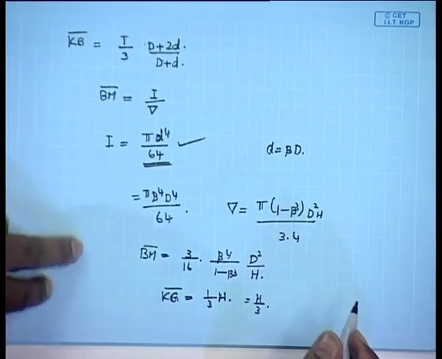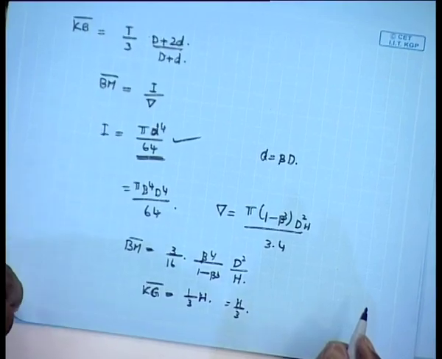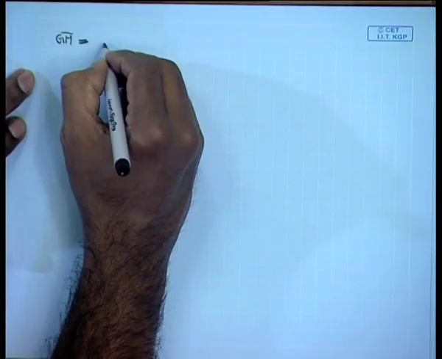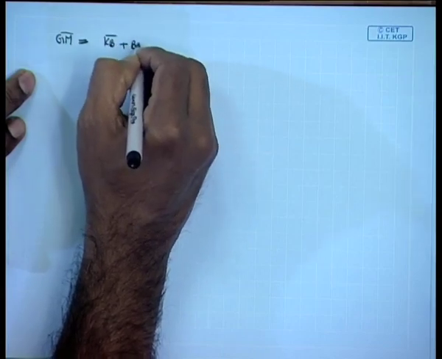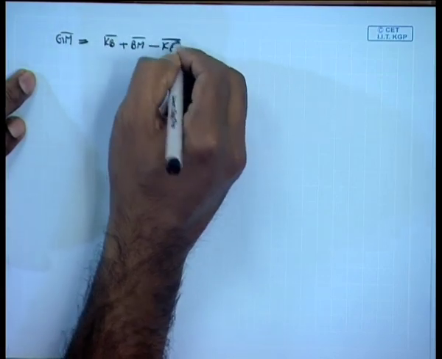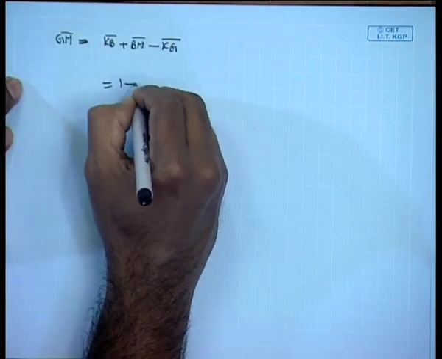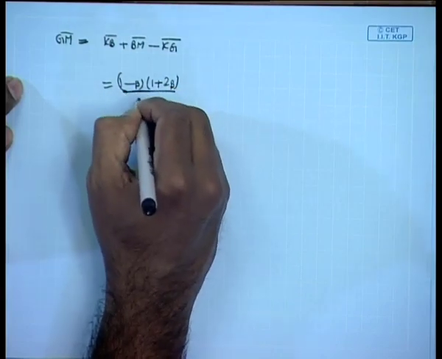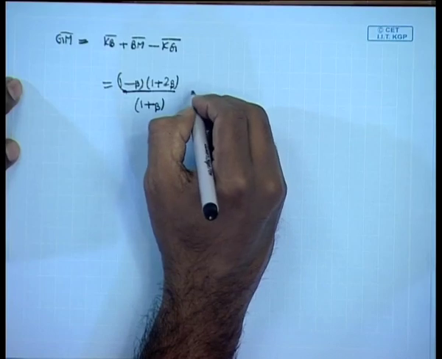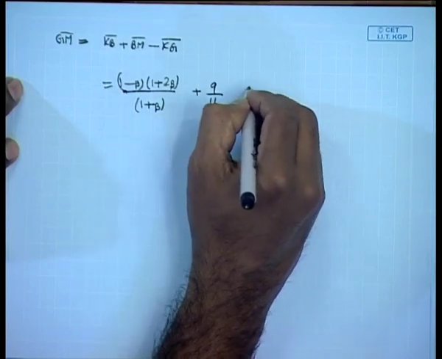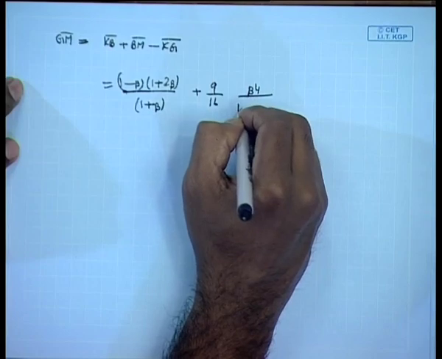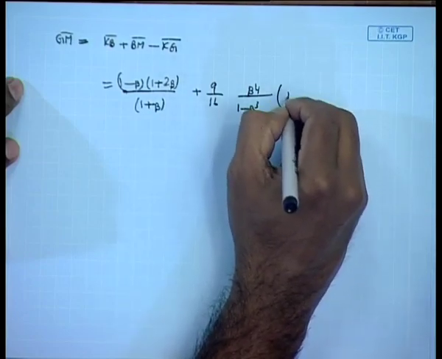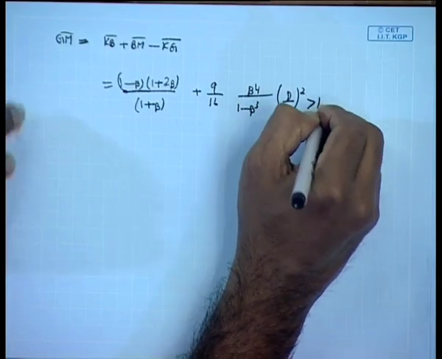Now the resulting metacentric height GM is therefore given by KB plus BM minus KG. This is the metacentric height, equal to 1 minus beta into 1 plus 2 beta divided by 1 plus beta, plus 9 by 16 beta power 4 by 1 minus beta cubed into D by h the whole square, greater than 1.